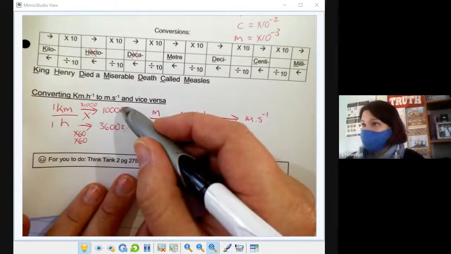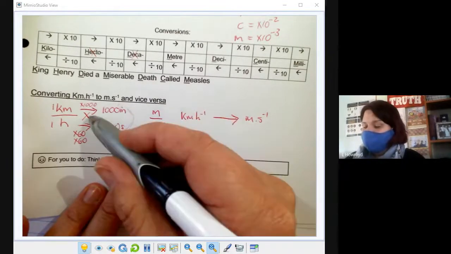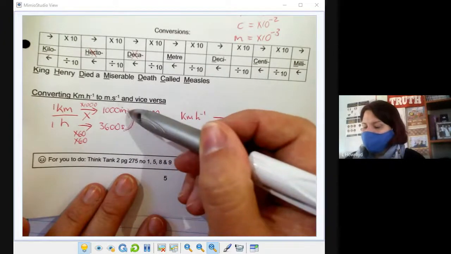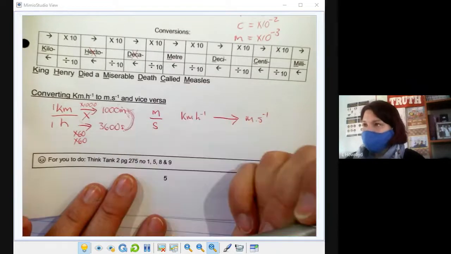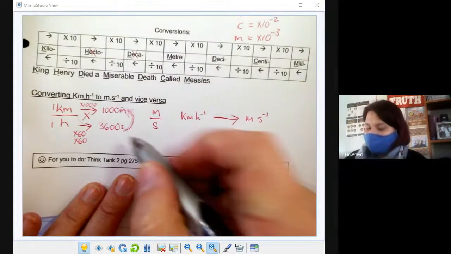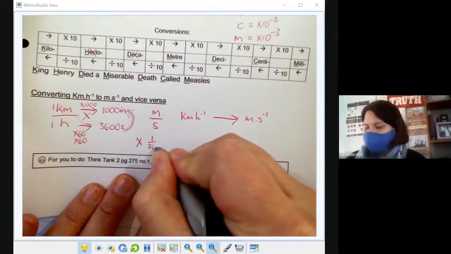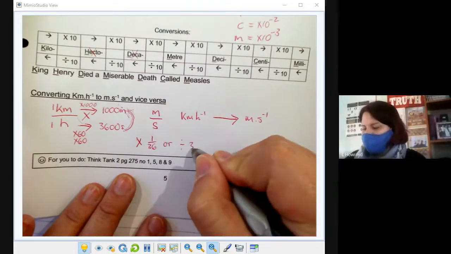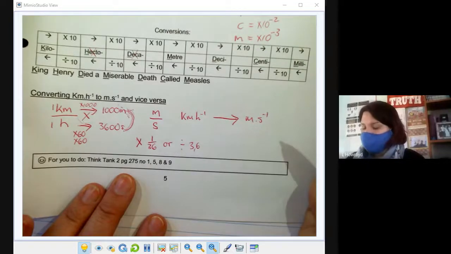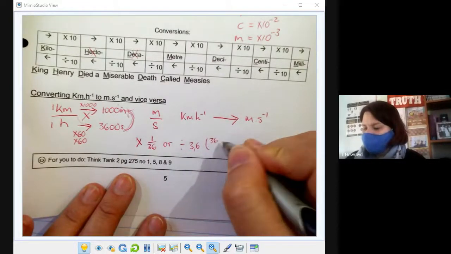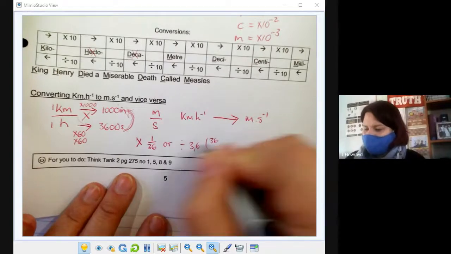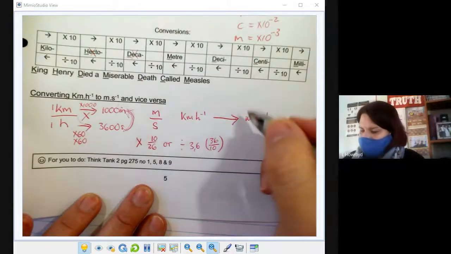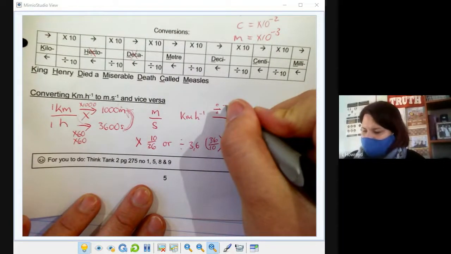Then we get 3,6. Then what must we do if I swap those two around? I have to change that to a divide. So you can times by 1 over 3.6, or you can divide by 3.6. So to go from there to there, all you need to divide by is 3.6.